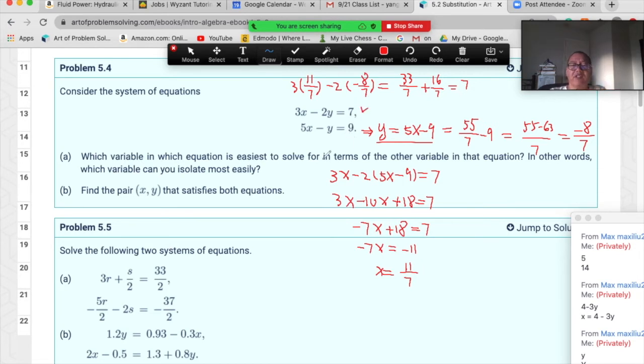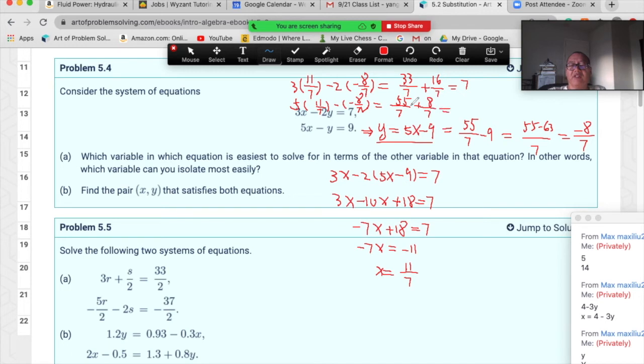Now let's check the second one. That's 5 times 11 over 7 minus y, and y is negative 8 over 7. So I get 55 over 7 plus 8 over 7.